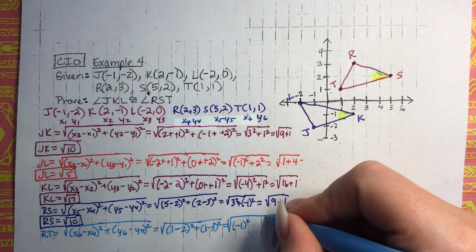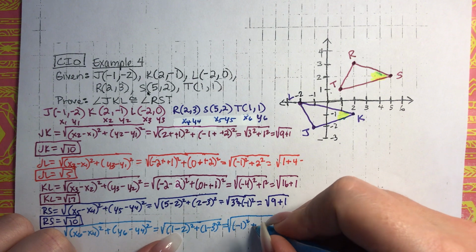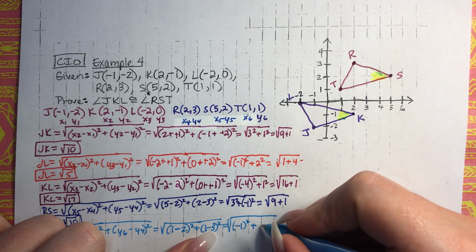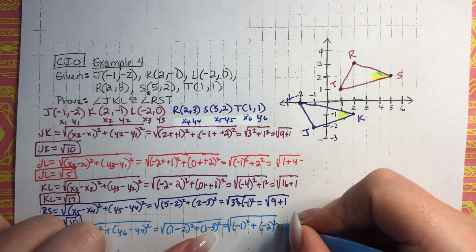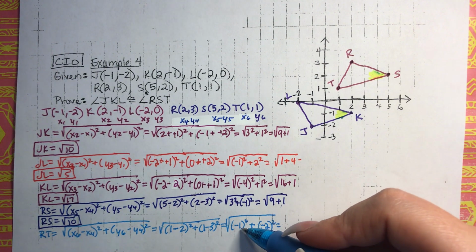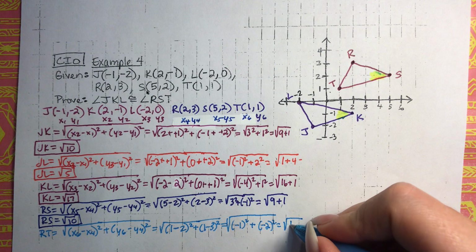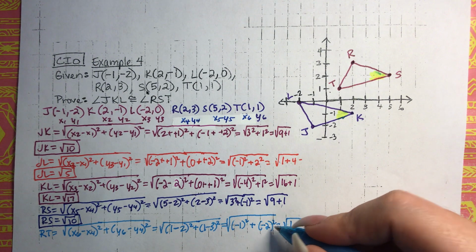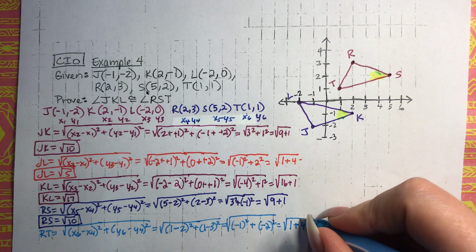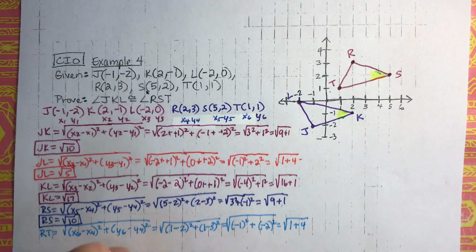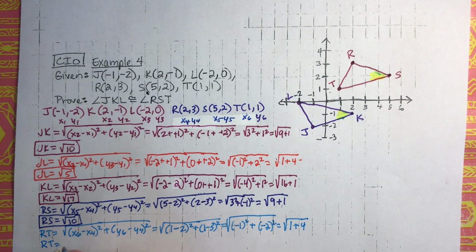I need a square root symbol. Plus 1 take away 3 is -2 squared, which equals a negative times a negative is a positive. So that's 1. 1 times 1 is 1 plus negative times the negative is a positive. 2 times 2 is 4. So we end up with RT equaling the square root of 5.